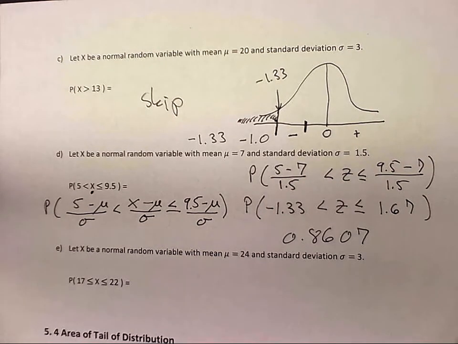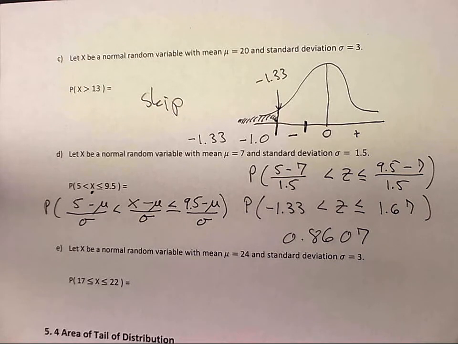So as your number gets bigger, and technically speaking negative 1.0 is bigger than negative 1.33, the percentage of the graph that you shaded in is also going to get bigger. Always bigger, right? So if we look at these two numbers, this one is smaller than this one. Negative 1.33 is less than 1.67. So if we look this one up in the table, we should get a smaller percentage than when we look this one up. Okay. Does that make sense?